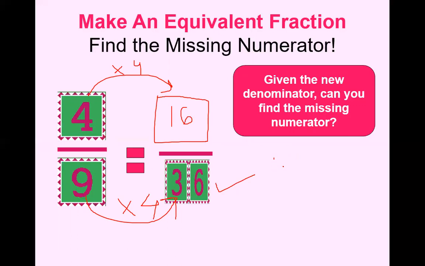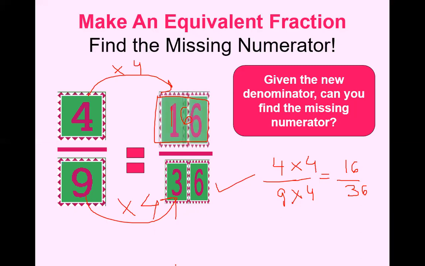So you have to multiply the same number up and down to get an equivalent fraction: 4 4s are 16 and 9 4s are 36. So 16 is the number, and 16 by 36 is equivalent to 4 by 9.